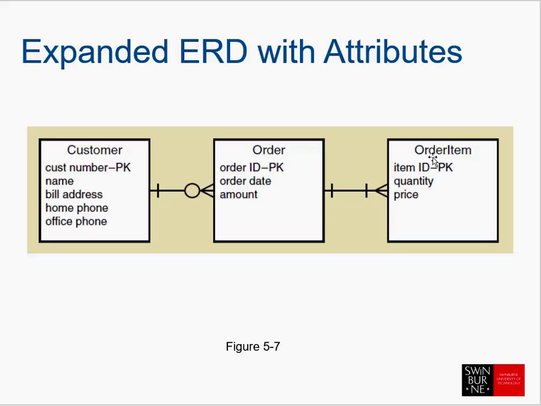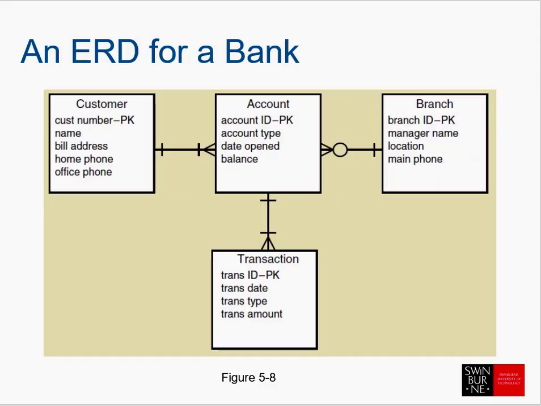And if you go the other way around, one order line item must relate to one order, and one order must relate to one customer. So that is how this entity relationship diagram is interpreted.